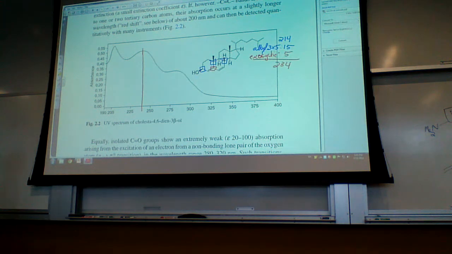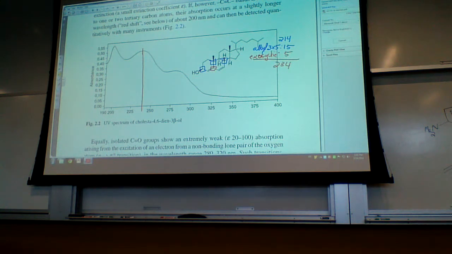It's shifted a little bit from what a standard alcohol is, and I'm not quite sure why. We don't go into too much detail when we're looking at alcohols, because they're not as consistent as the dienes in terms of shifts.